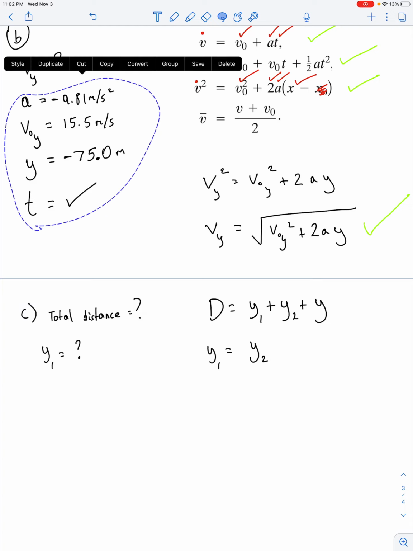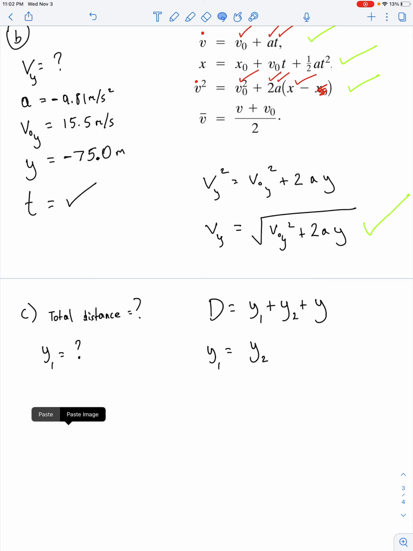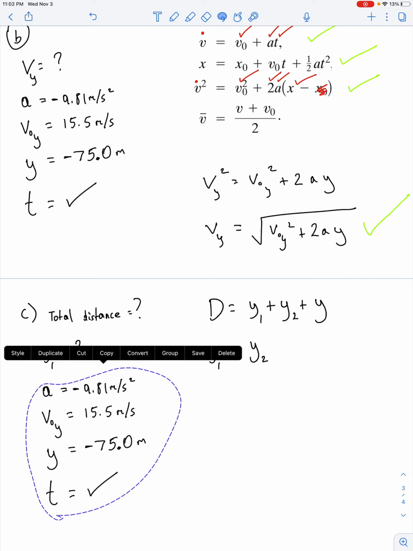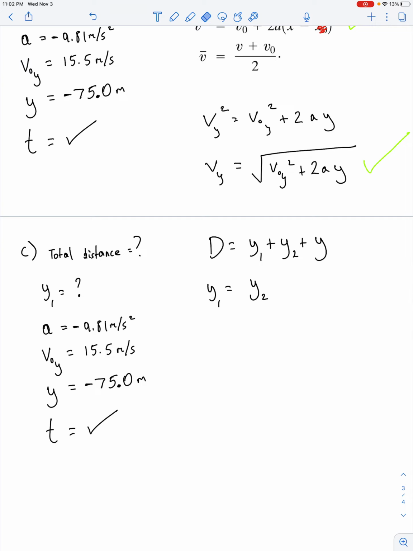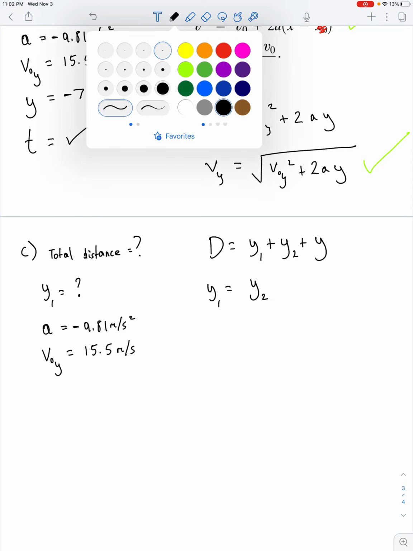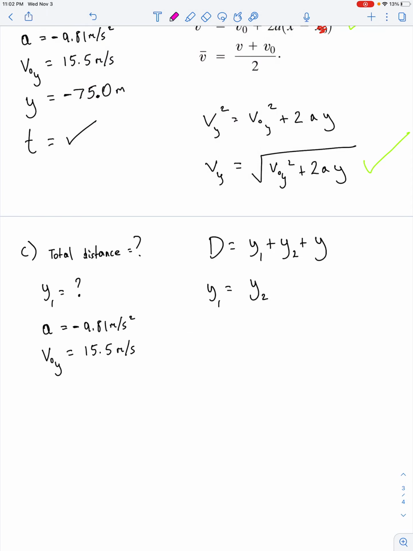We know that this stuff is there. We still have that stuff, right? But this is gone. It's no longer there because we're just looking for y. This is gone because that's not the time. We know the initial, but our new thing that we know is that the Vy should be equal to 0. Why? Because it's at the max height.